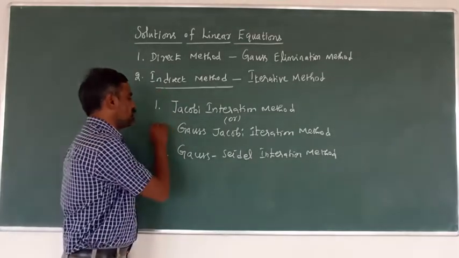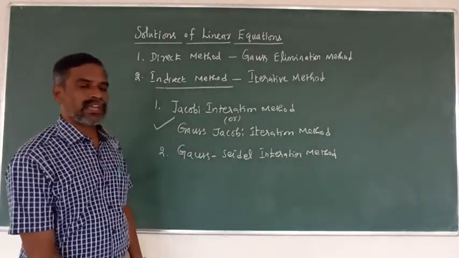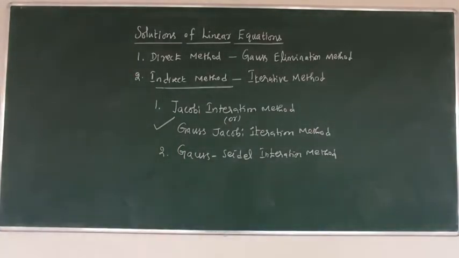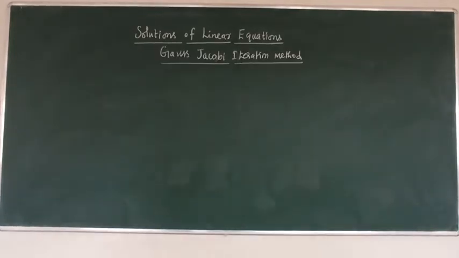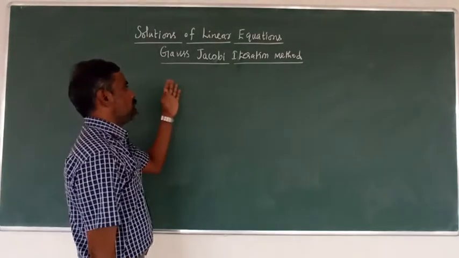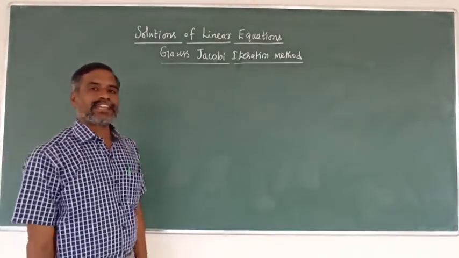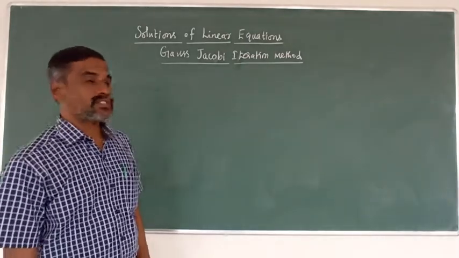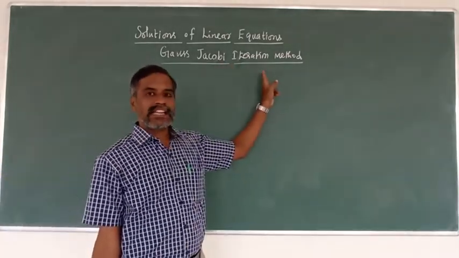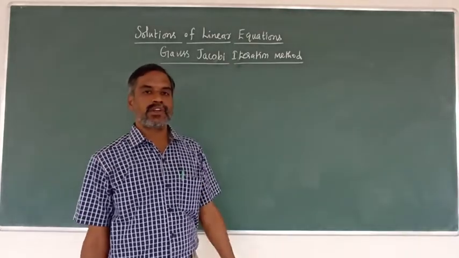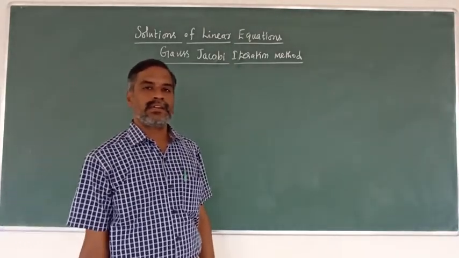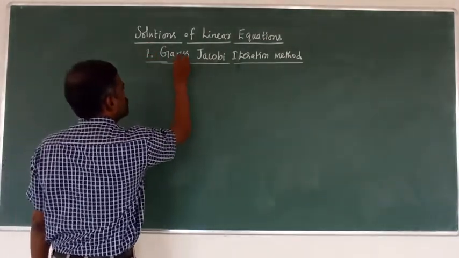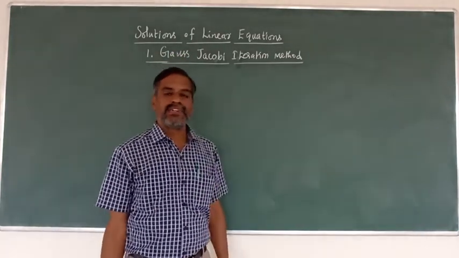First, we will discuss the Gauss-Jacobi iteration method. In the indirect method, there are two types: first one, the Gauss-Jacobi iteration method, and second one, the Gauss-Seidel iteration method.